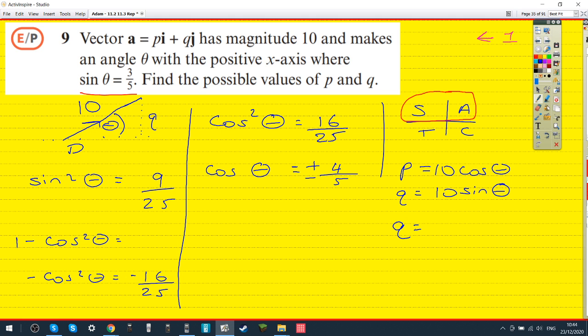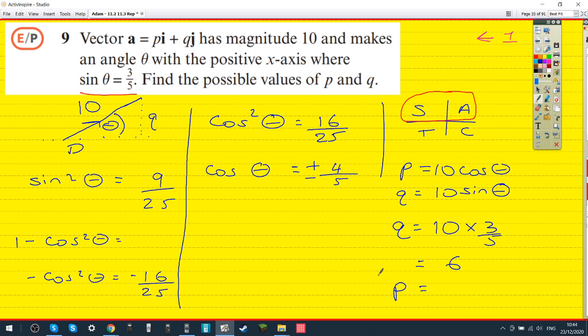Wouldn't it just be 10 sine theta? What is sine theta? 3 over 5. So just 10 times 3 over 5, which gives you 6. So Q is 6.